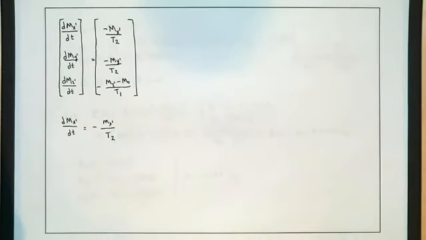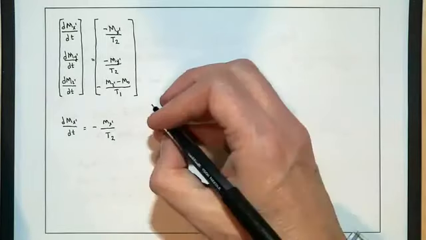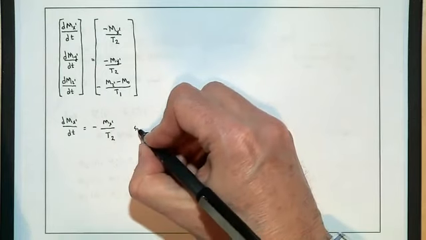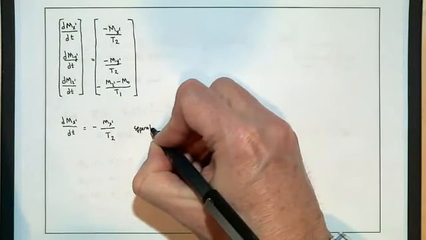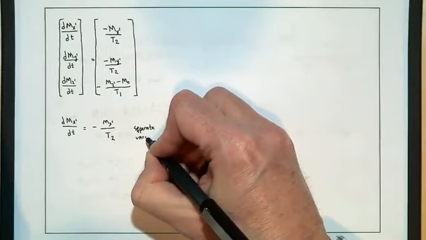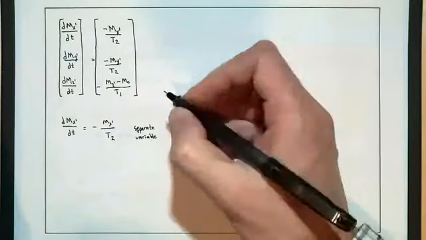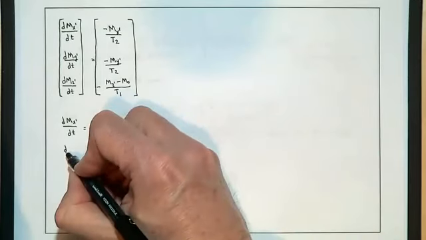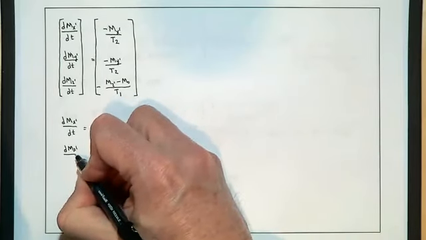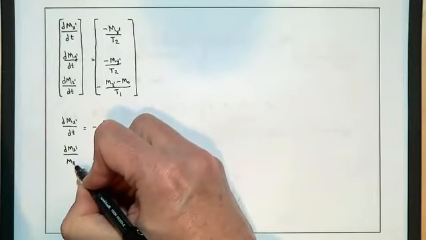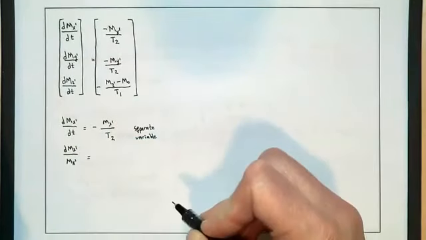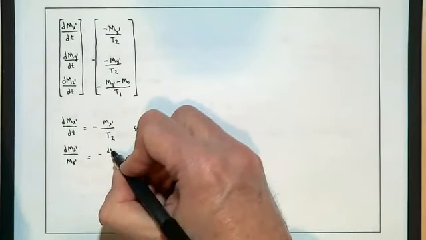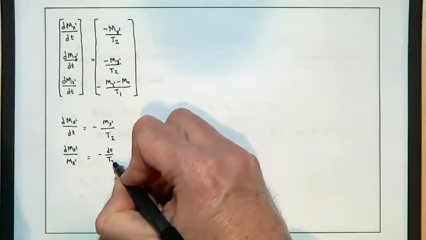Lots of different ways to go about coming up with solutions to differential equations. You might have your own favorite way of doing this. The first thing I'm going to do is separate the variables. I just want to get my mx's all on one side. So I'm going to have dmx prime divided by mx prime, and that's equal to minus dt by T2.